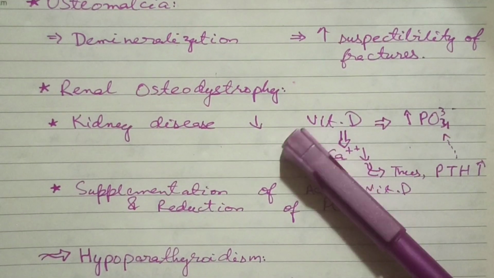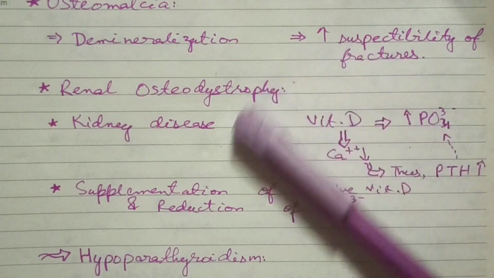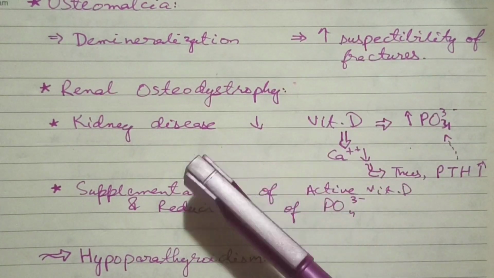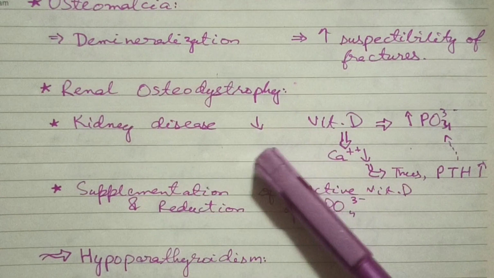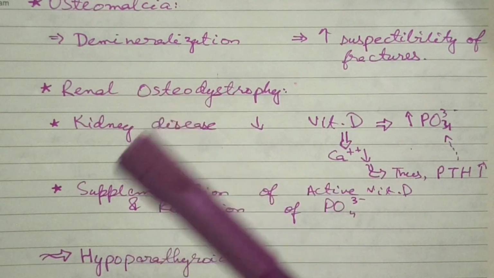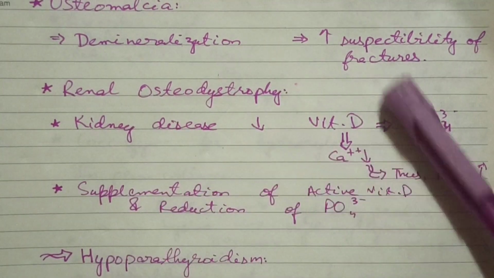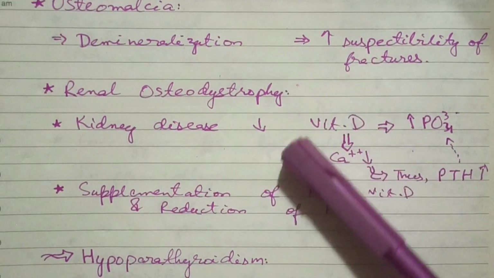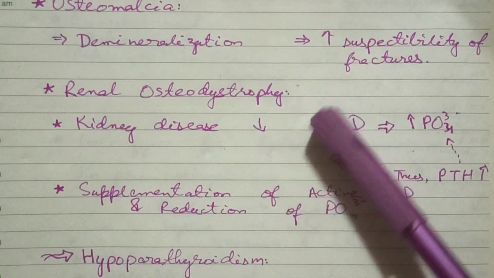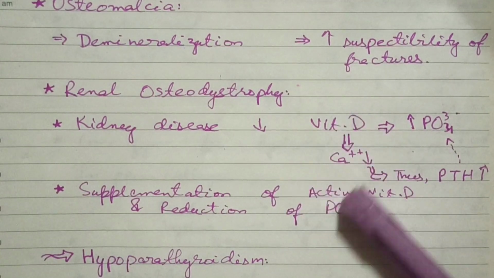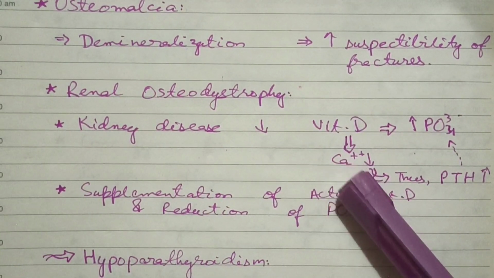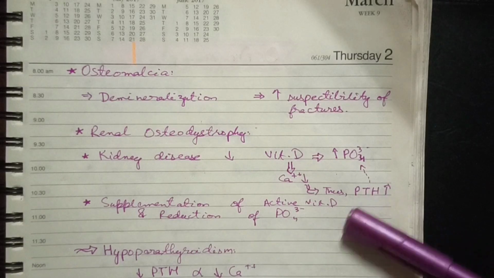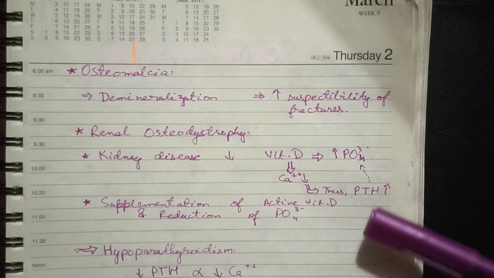Another disease which we call renal osteodystrophy is a kidney disease. In kidney disease, you should know that there will be lower levels of vitamin D, and when there are lower levels of vitamin D, calcium levels decrease. So the increased levels of parathyroid hormone will do what?